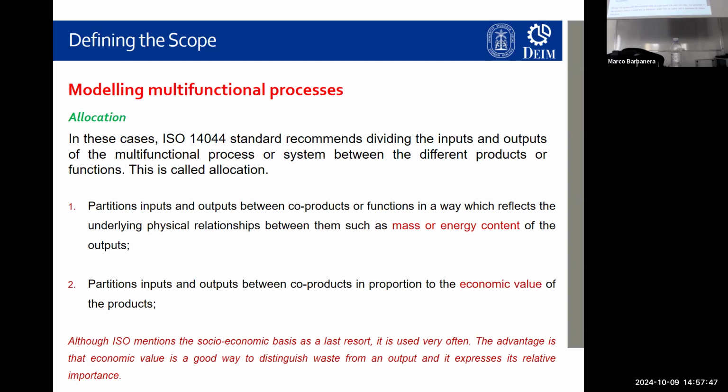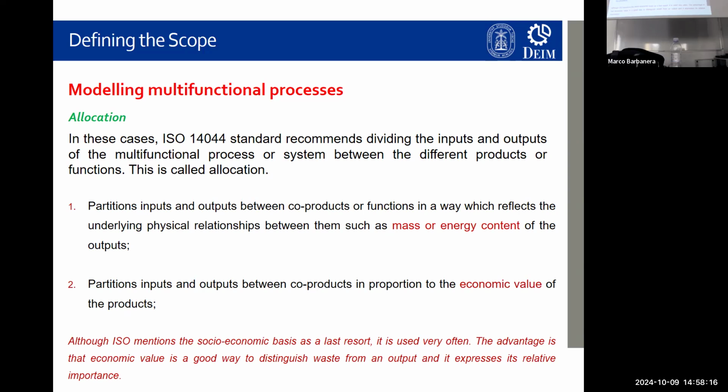Straw is used as a fodder for animals, or, for example, for energy production. We can use also straw for energy production. So the final uses of these two products are different. So the mass approach is not the best option in this case.